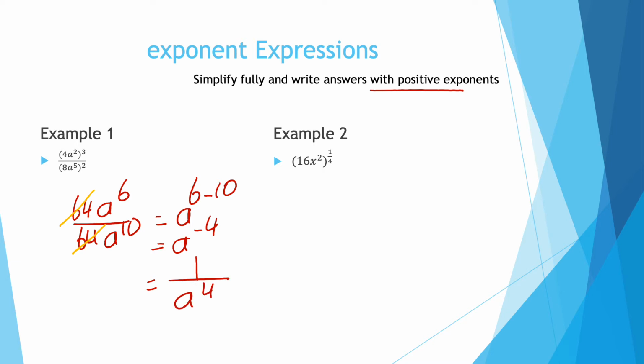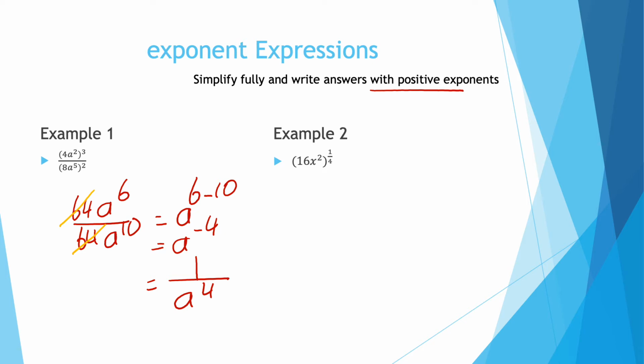Now the next one, again we repeat the same thing. So 16 to the power of 1/4. Now it means the fourth root of 16, which is finding which number multiplied by itself 4 times gives me 16. Or if you're not very good at roots, or you forgot how to do roots, then you can always use your calculator.